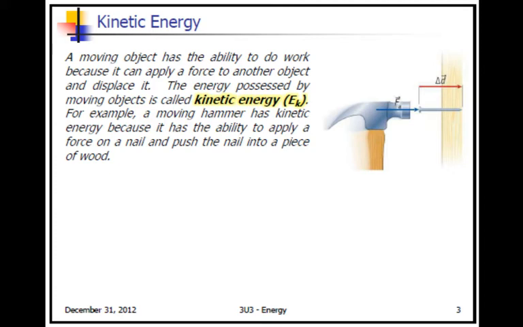The energy that the hammer has would increase if we have a more massive hammerhead, and it would increase if the hammer's moving faster. If you just lightly tap on a nail, it won't move into a board as much as if you're swinging the hammer to hit the nail.